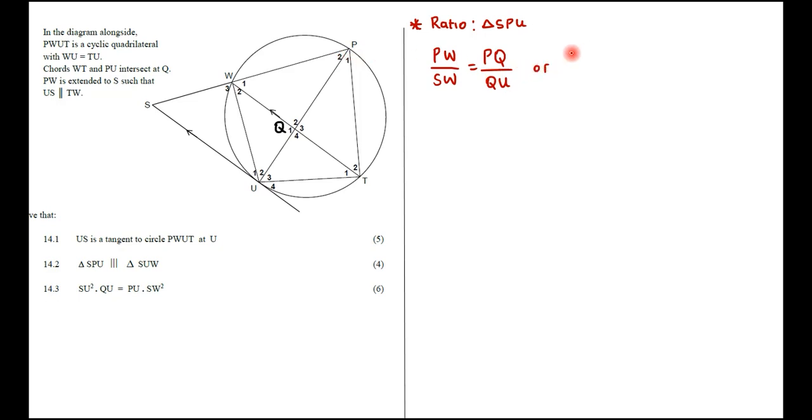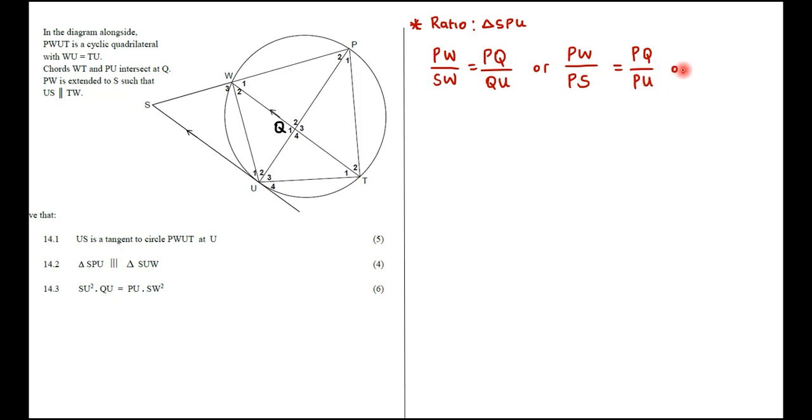So that's one way I can do this. Or I can take PW over PS, let me just write it as PS. I can say this is the same as PQ over PU.